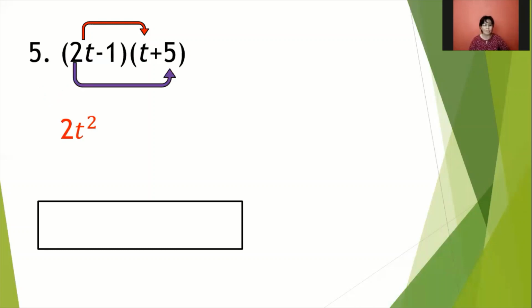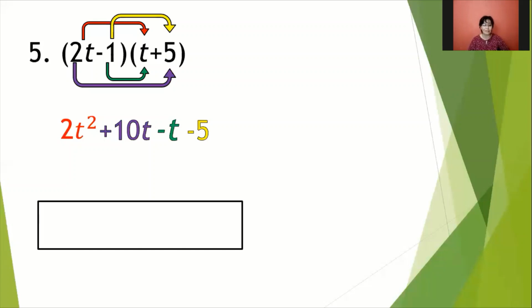Then, 2t times 5 is equal to positive 10t. Negative 1 times t is equal to negative t. And the last one, negative 1 times 5 is equal to negative 5.